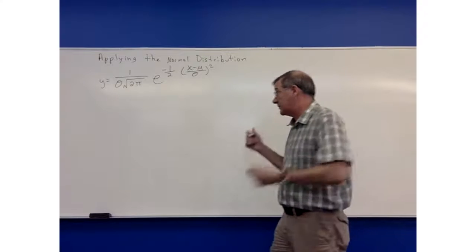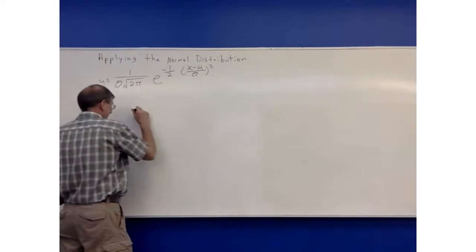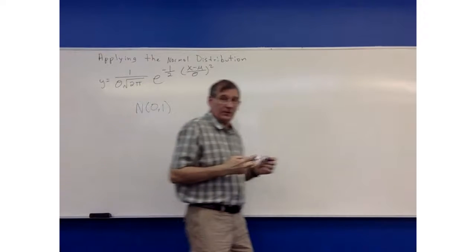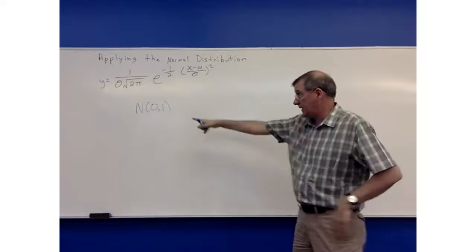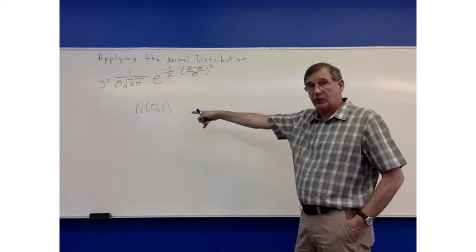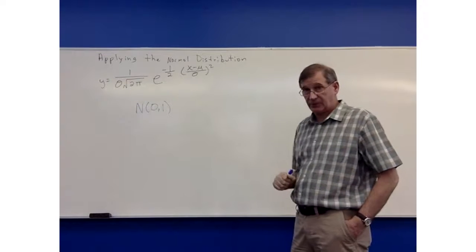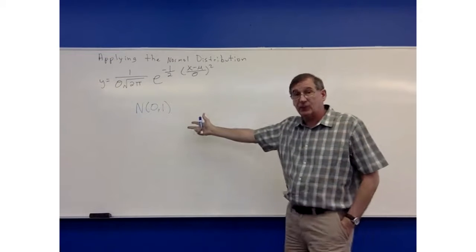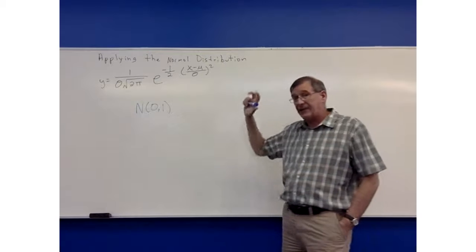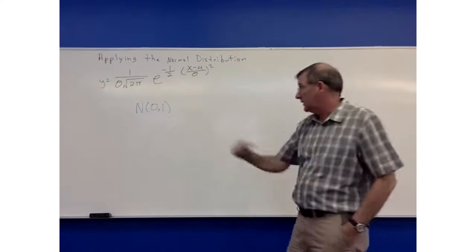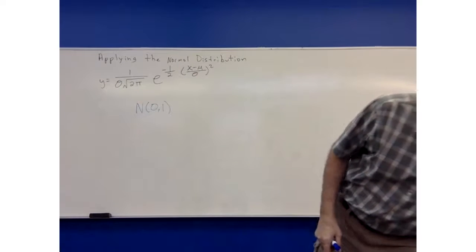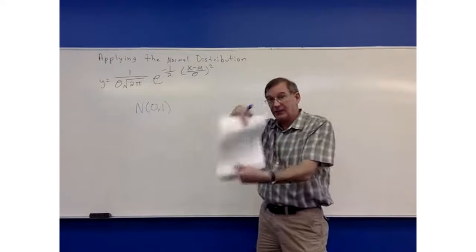If you remember, I used the symbol N for normal distribution with mean 0 and standard deviation 1 to represent the standard normal distribution. Now, we picked that one because it was the easiest to work with, and we can convert every normal distribution in the world to this one. This happens to be the one that we've been learning to read.